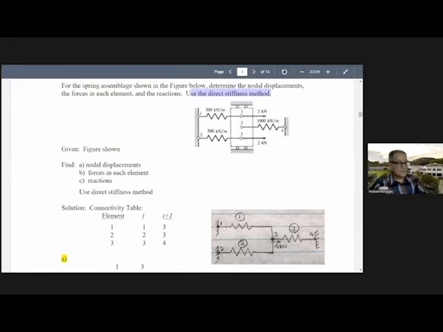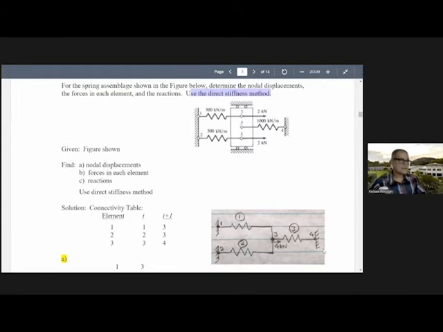This is the first spring, second spring, and the third one. This is node 1, node 2, node 3, node 4. Element 1, element 2, element 3. So in this problem, we have 4 nodes and 3 elements. And at node 3, we are applying 4 kilonewton, 2 and 2, 4 kilonewton to the right. So this is our finite element model.